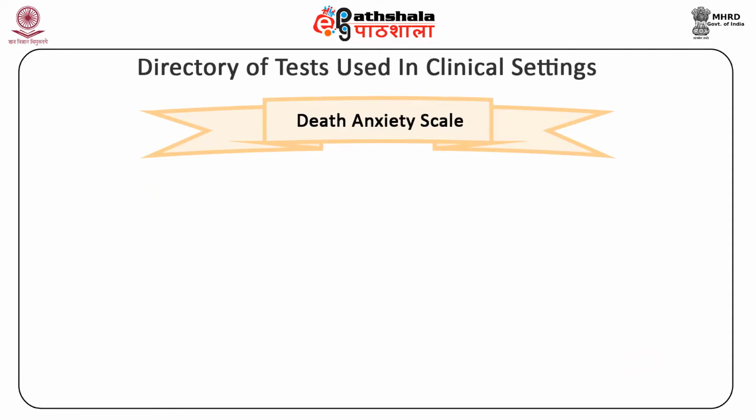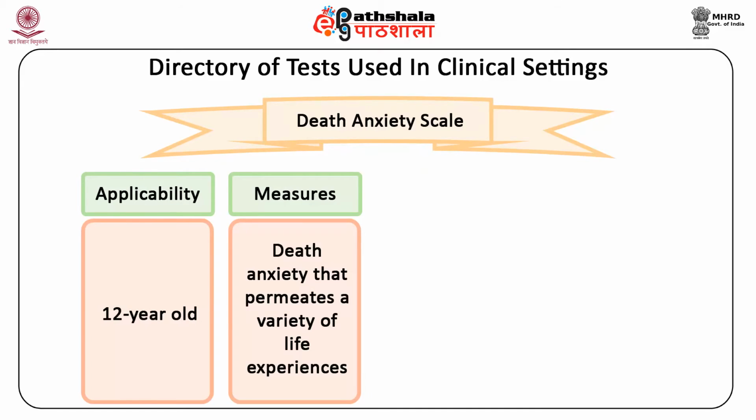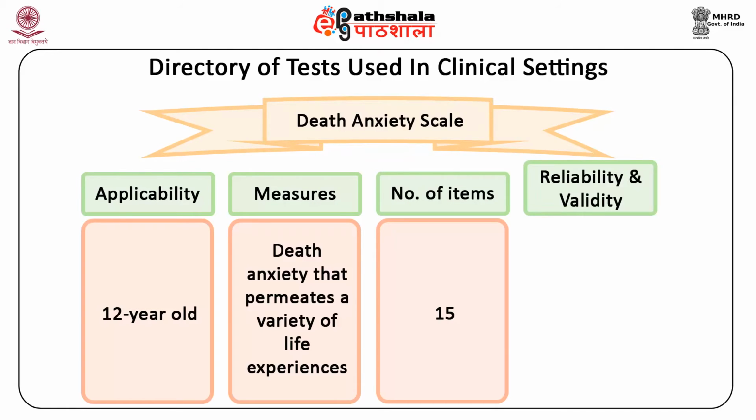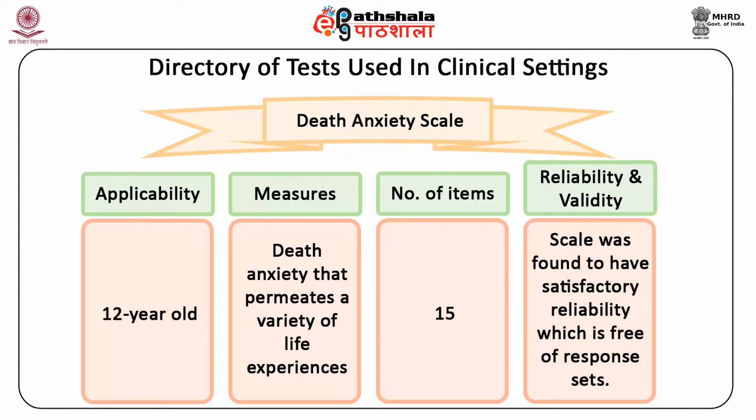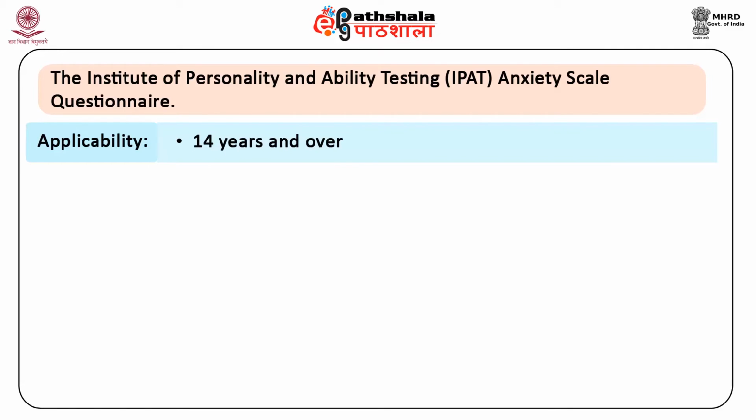Death Anxiety Scale. Applicability: 12 years old. Measures death anxiety that permeates a variety of life experiences. Number of items: 15. Reliability and validity: the scale was found to have satisfactory reliability, which is free of response sets. The Institute of Personality and Ability Testing Anxiety Scale Questionnaire. Applicability: 14 years and over.